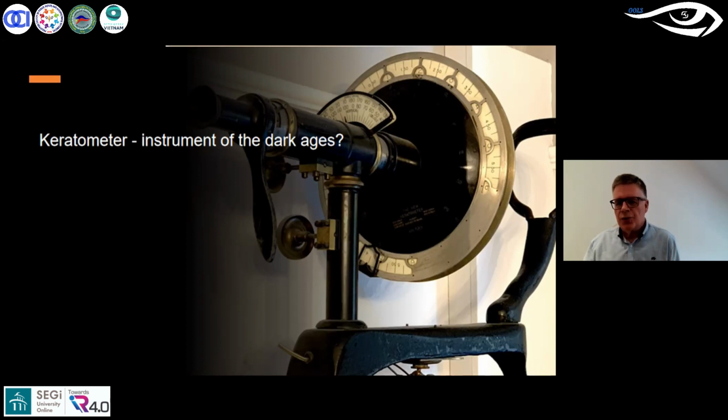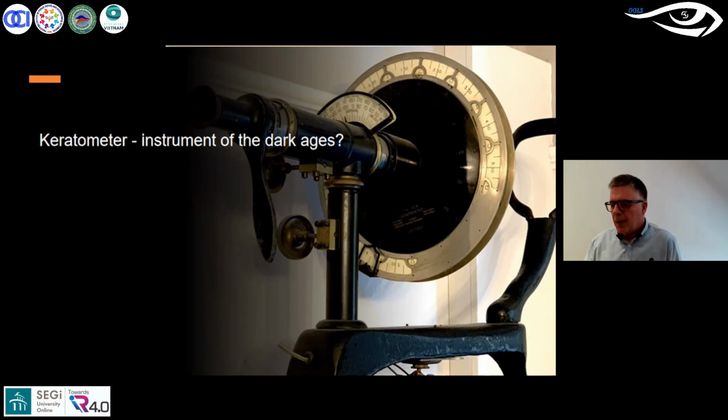This was just into the 20th century, and the history of keratometers is very interesting. The first scientist to really look at keratometry and the power of the cornea was Kepler back in 1611.